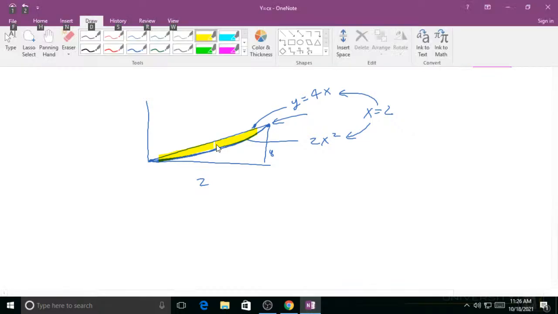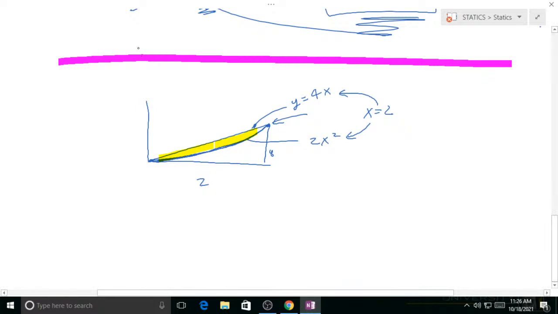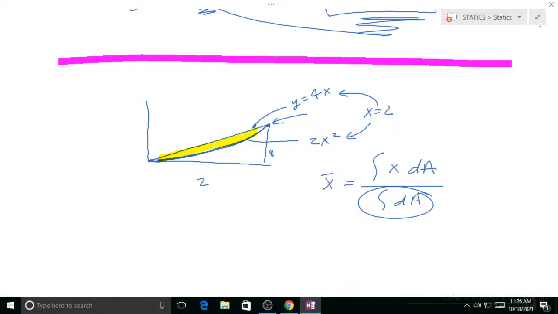Okay, let me hit the Alt key. And so it's just follow the formula. X dA over dA. Now the first thing I'm going to do, I'm going to go after this first, because then I can just put x in there and integrate it again. However, now my sliver, and I may not have the durability to complete this task.